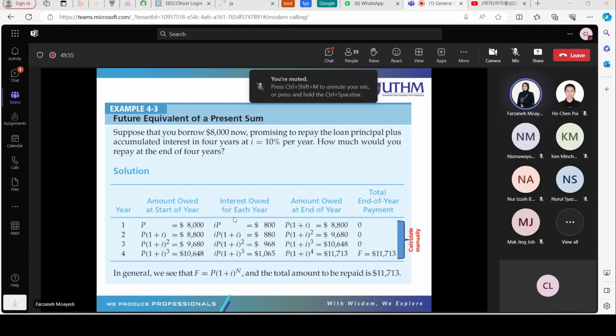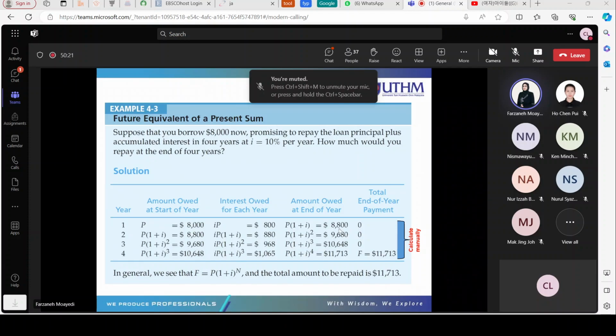Okay, so based on the manual calculation, we have the first year, the principal is 8,000. The interest is 10%, so 10% of 8,000 is going to be equal to 800. So at the end of the first year, the value is going to be 8,000 plus 800, which is 8,800.